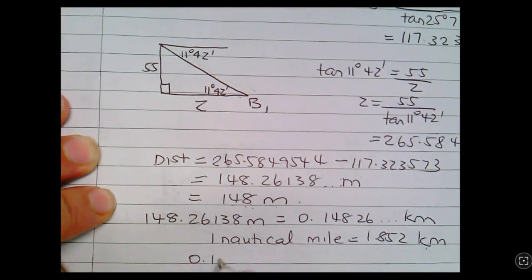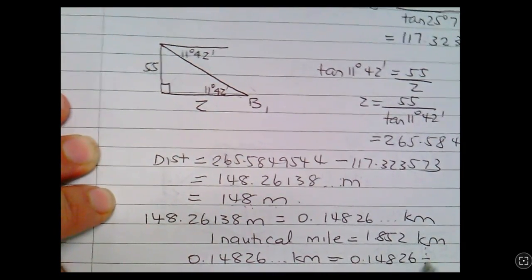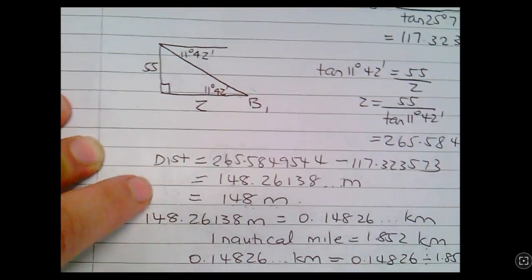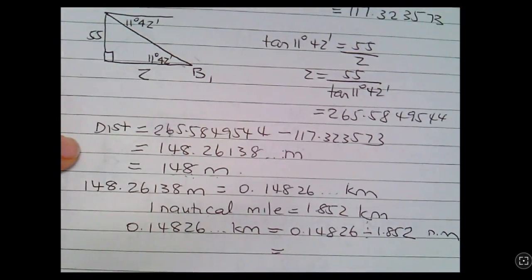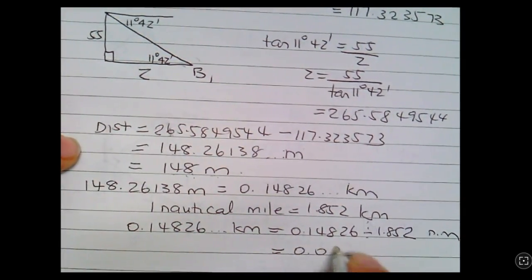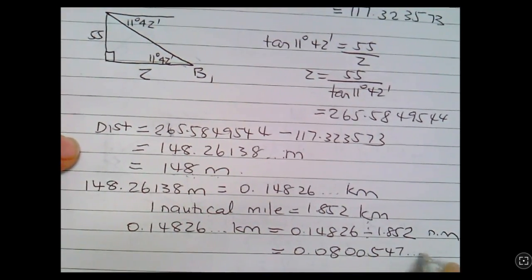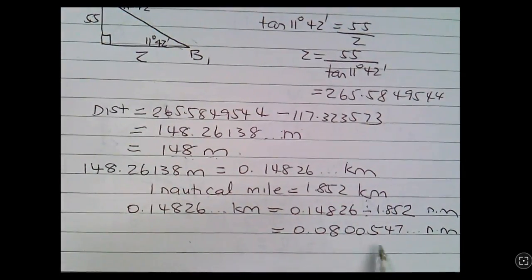So therefore 0.14826 ... kilometres is 0.14826 divided by 1.852. I'm just going to write NM for nautical miles. So dividing our answer by 1.852, and I get 0.08000547 ... nautical miles. Now, that's the distance in nautical miles.